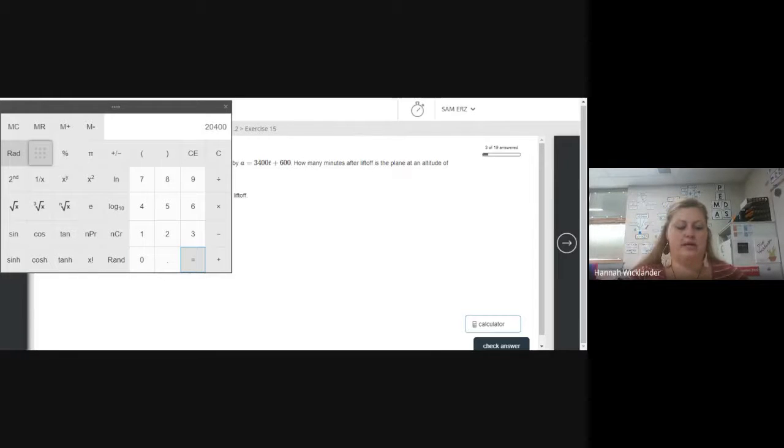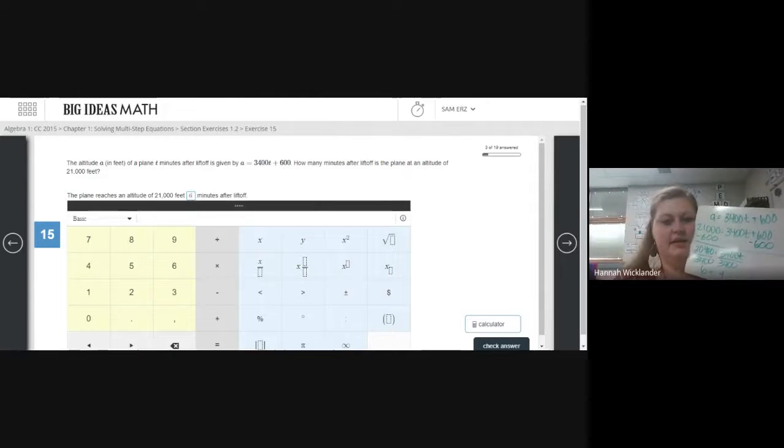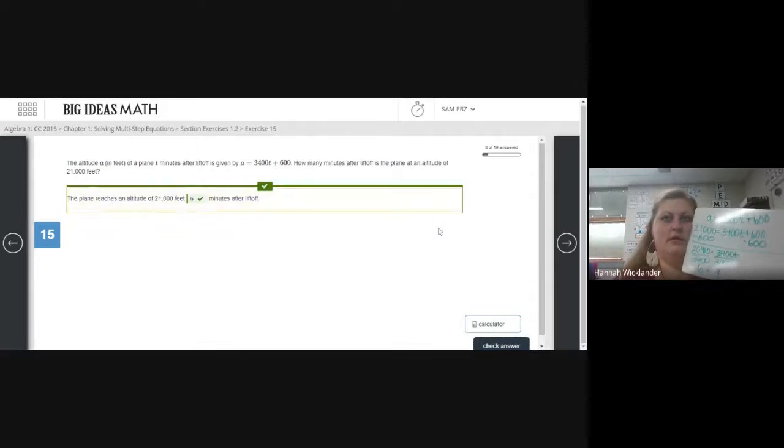So I get 20,400 equals 3,400 T. One step equation, just going to divide by the 3,400 on both sides. And I'm left with T equals 6. So after 6 minutes, the plane will be at 21,000 feet. So that's the answer to number 15.